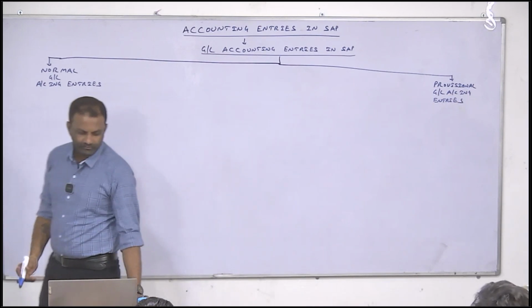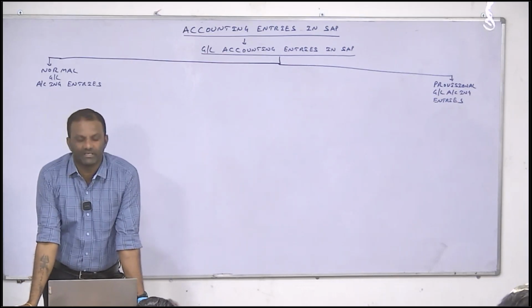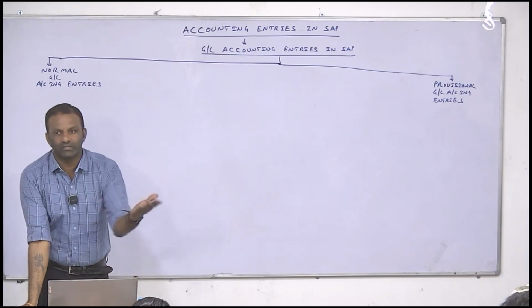What are those? Normal GL accounting entries, and the second one is provisional GL account. Again, I will ask a few questions to everyone.